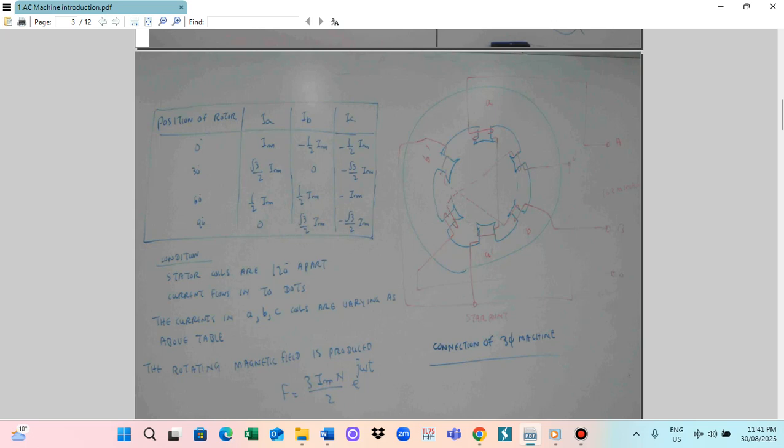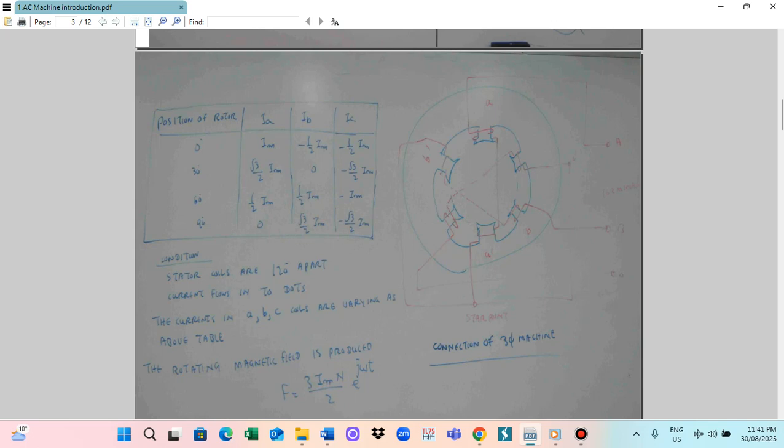All the stator windings are 120 degrees apart. So this means that in the AC machine, the windings are 120 degrees apart. If you put one winding, another winding has to be put this way, and another this way, 120 degrees apart. The current must flow in this direction. So I show you the current flow direction.